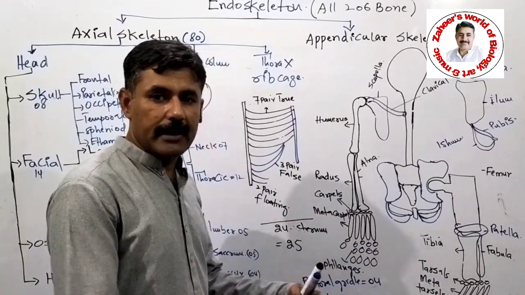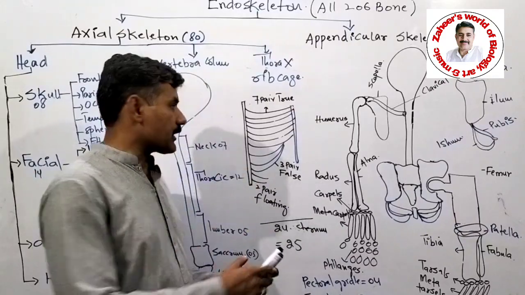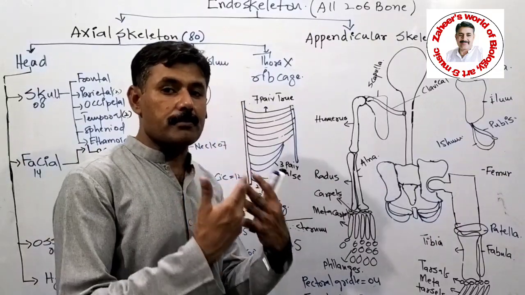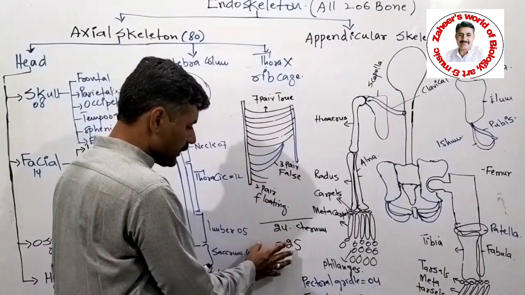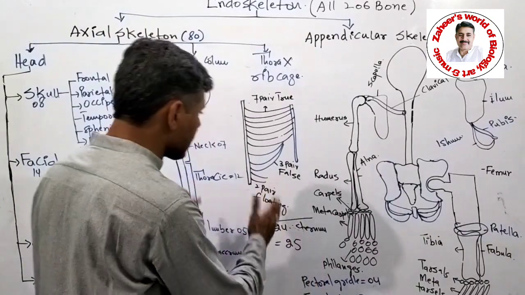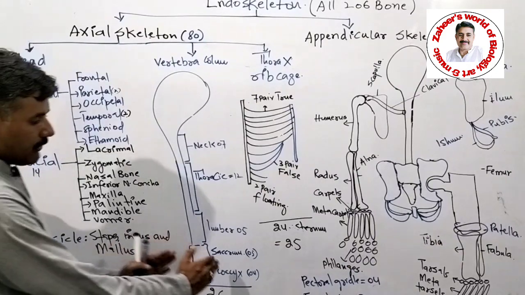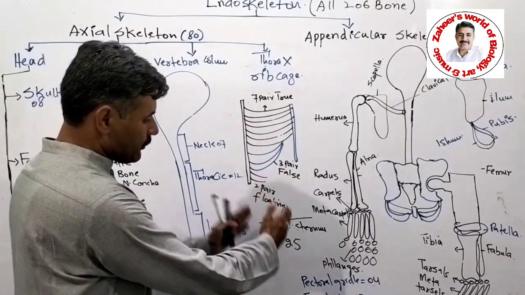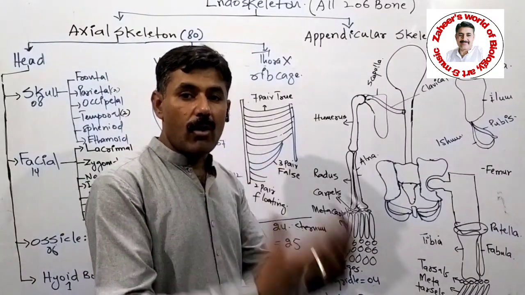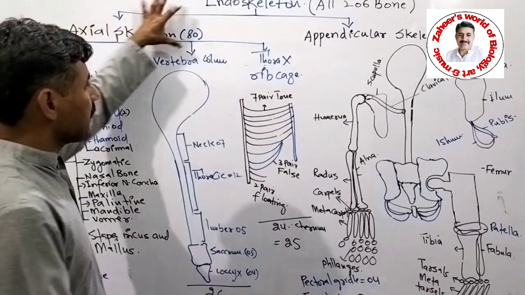This makes a total of 12 pairs, 24 ribs, and with the sternum, the count is 25 bones. If you include the 29 bones of the head region, 26 bones of the vertebral column, and 25 bones of the thoracic region, they total 80 bones present in the axial skeleton.